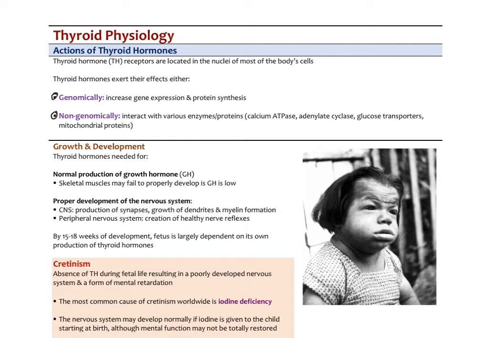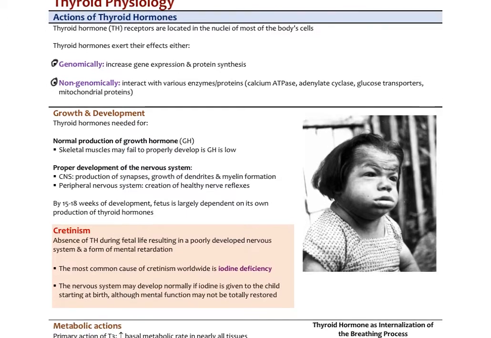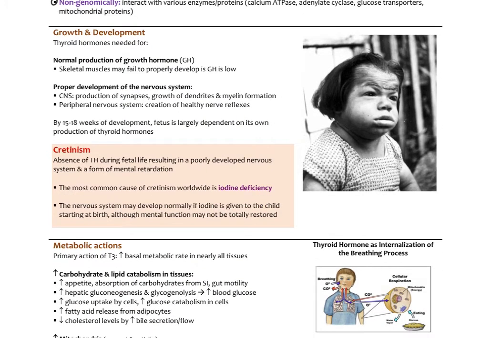So in terms of fetal development and early development, one of the big roles of thyroid is for normal growth, normal production of growth hormone, and that is going to help promote skeletal muscle and bone development, and then proper development of the nervous system, and especially the central nervous system. So production of synapses, growth of different dendrites and myelin formation.